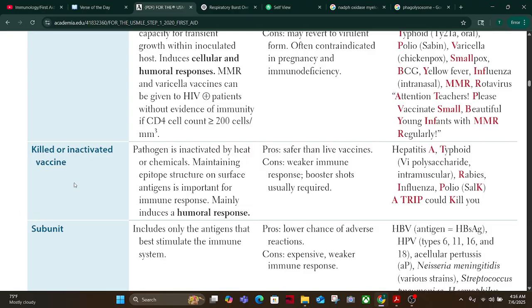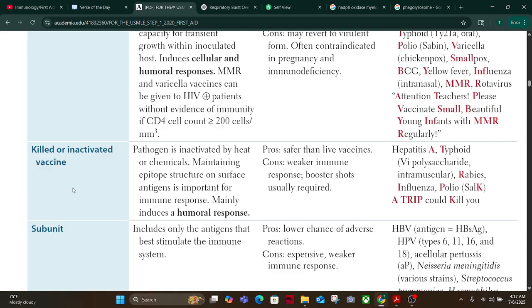So killed or inactivated vaccine, the pathogen is inactivated by heat or chemicals. Maintaining epitope structure on surface antigens is important for immune response, mainly induces a humoral response. Pros, safer than live vaccines. Cons, weaker immune response.